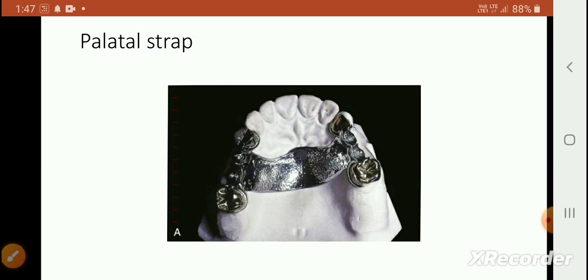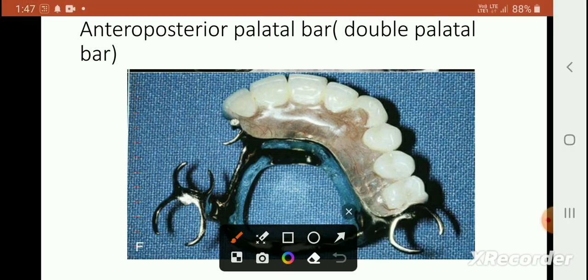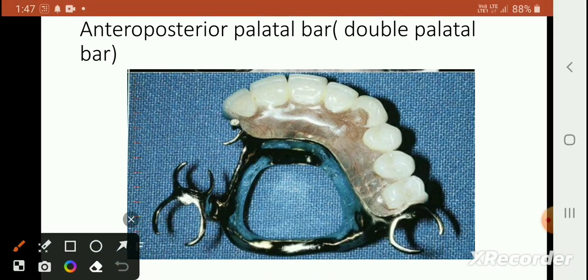Now, the third maxillary major connector is the anterior posterior palatal bar, which is also known as a double palatal bar. It is the most rigid palatal major connector, and it is indicated in the presence of a torus that is not to be removed.